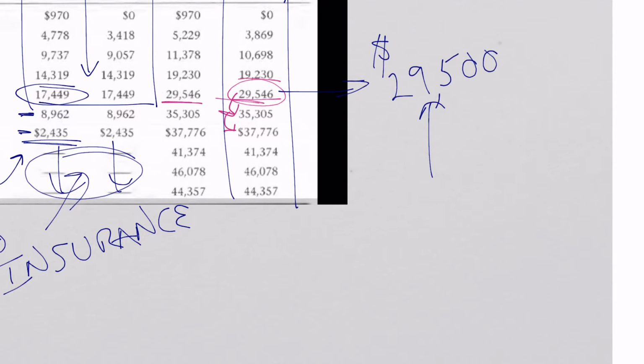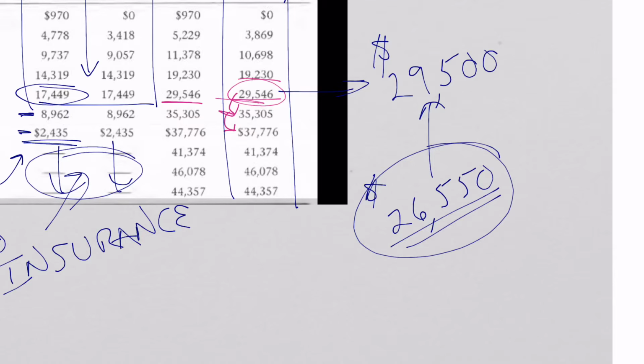So the other spouse says, aha, well, we can borrow against it. We can borrow up to 90% of that amount, which turns out to be $26,550. Let me make sure I did the math right, because that seems a little off, yes, that's the right math. So we can borrow $26,550 and use the money for whatever we want.